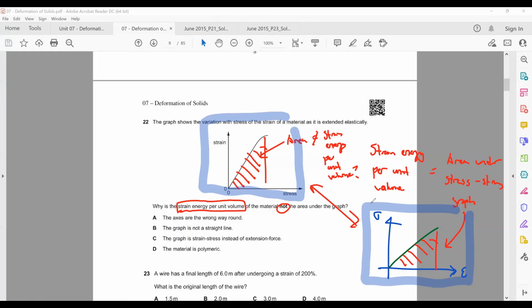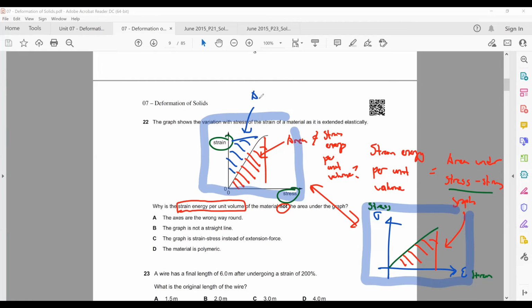This one is stress versus strain. This one is strain versus stress. So while it's correct to state that strain energy per unit volume is the area under the stress-strain graph, this one here is strain versus stress. The correct area to use should have actually been this.